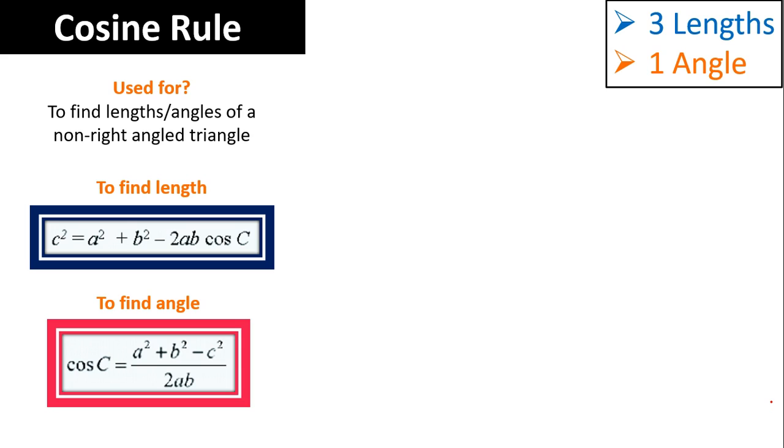And why is this mentioned as two formulas is just to make your life easier. Because if I want to find the angle and I use the length formula itself, then in the end, you are obviously supposed to be doing some rearrangements so that you can find the angle.